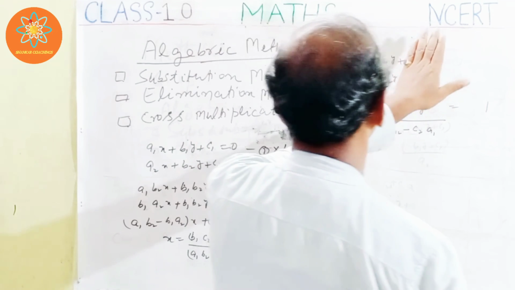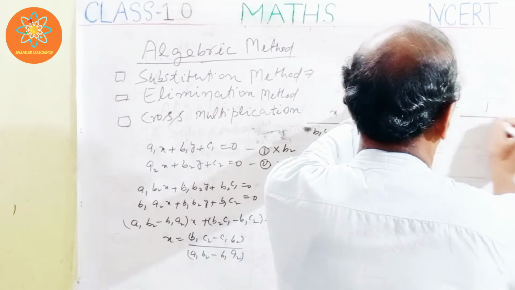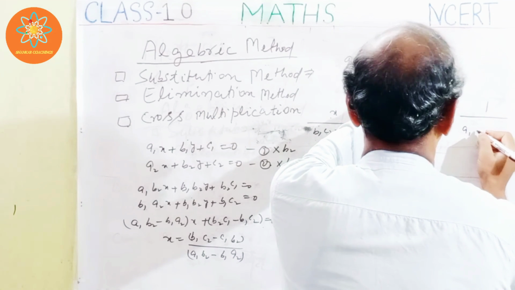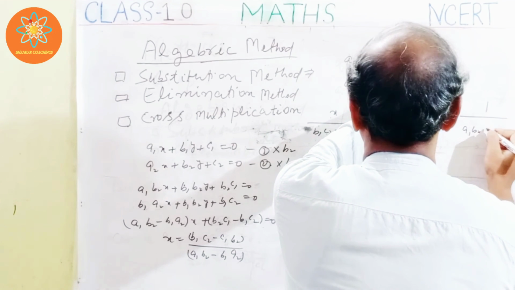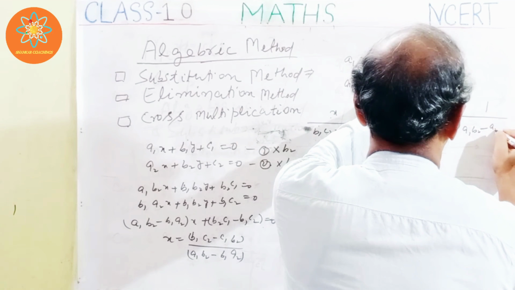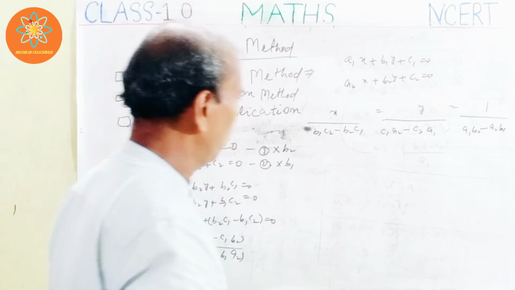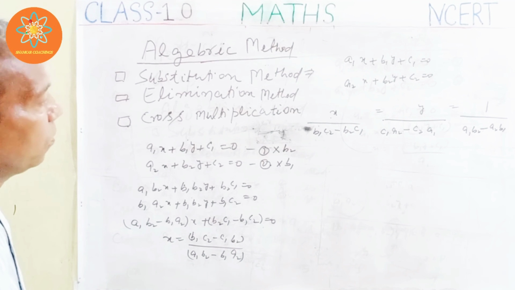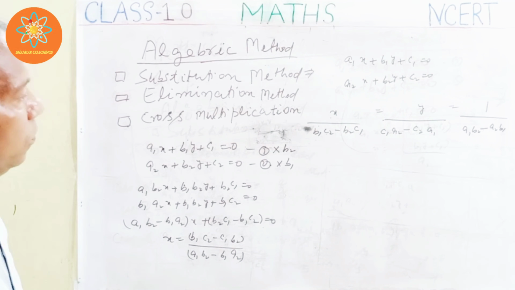Now I will take the constant 1 upon, and cross multiplying will be a1 b2 minus a2 b1.